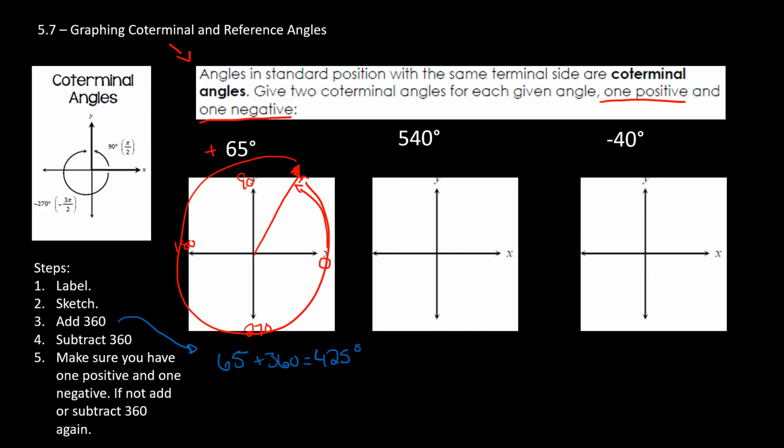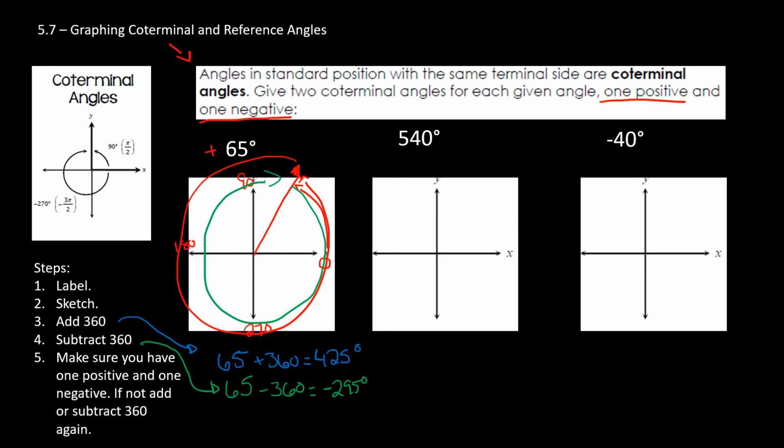How do we get a negative coterminal angle? Well, we start with the 65 degrees, but this time we're going to be going in the clockwise way. In other words, we're going to be subtracting 360. So we'd say 65 minus 360, which is going to give us negative 295 degrees.